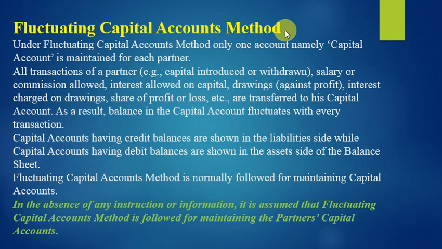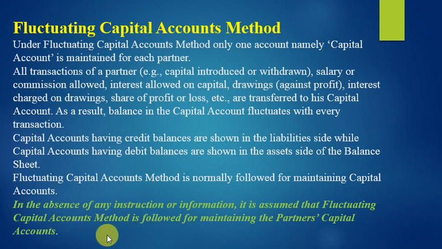When you are doing questions, in the absence of any instruction or information, it is always assumed that the fluctuating capital account method is to be followed for maintaining the partner's capital account. In simple language, in 99% of questions, you are going to solve it on the basis of fluctuating capital account method, unless your question asks you to prepare it by fixed capital account method.